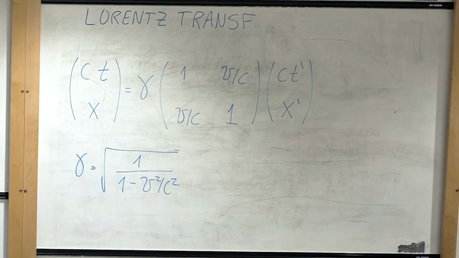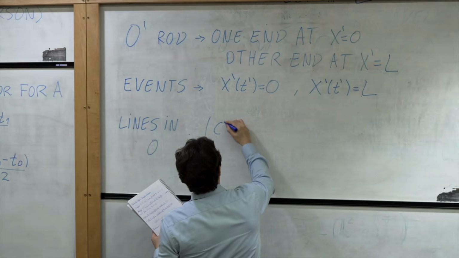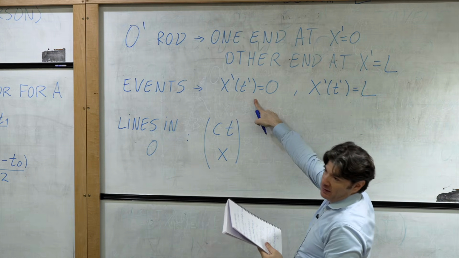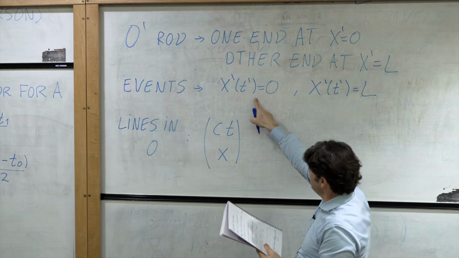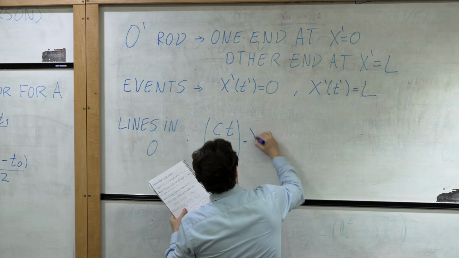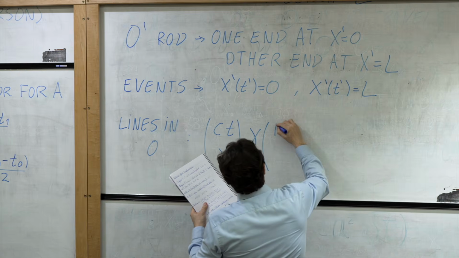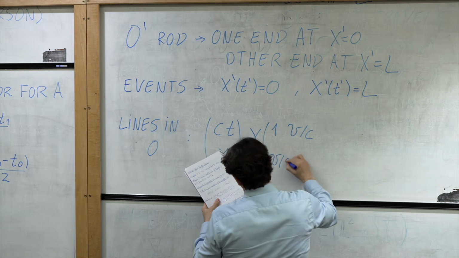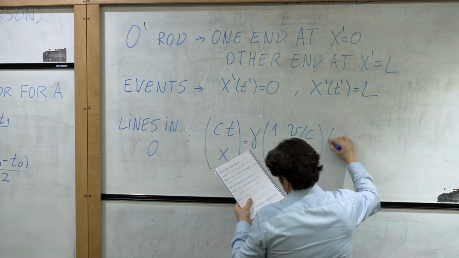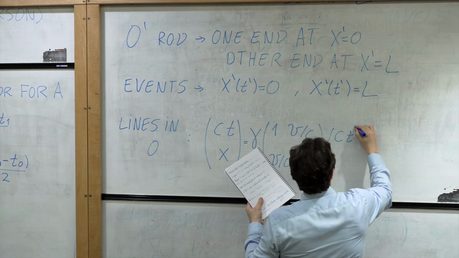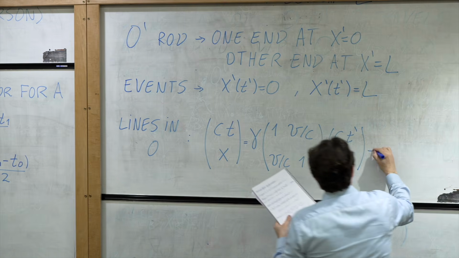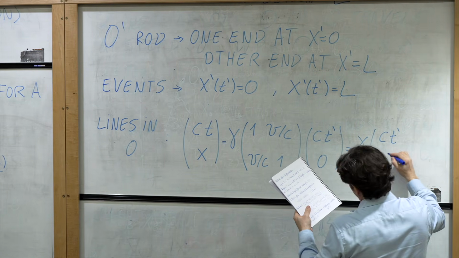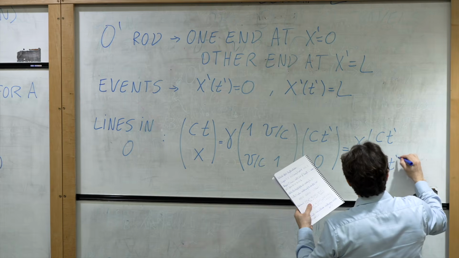So (ct, x) for the first line will be equal to gamma times the matrix (1, v over c; v over c, 1) acting on (ct prime, 0), and this is gamma (ct prime, v t prime).